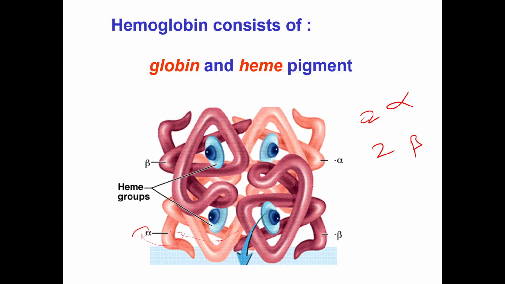Keep in mind, an alpha chain carries 141 amino acids, whereas 1 beta chain carries about 146 amino acids.